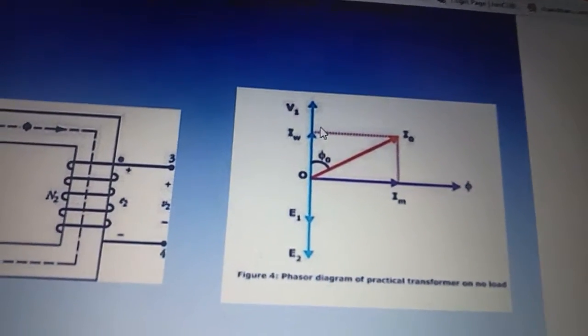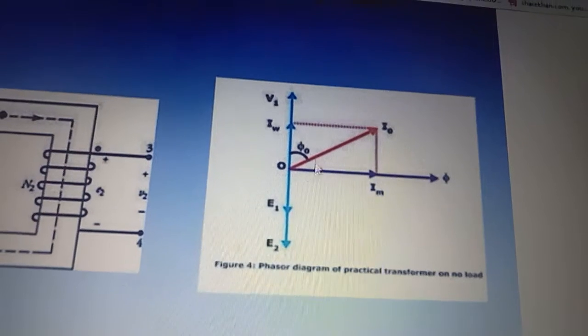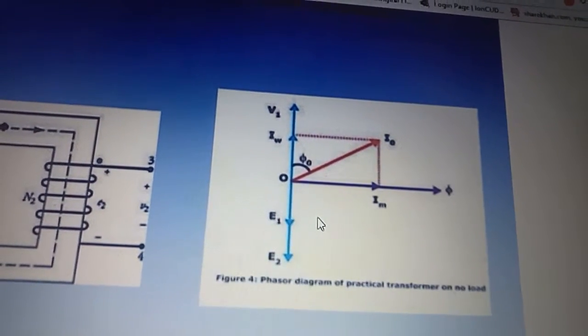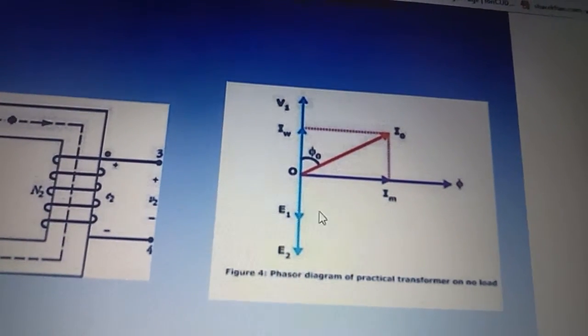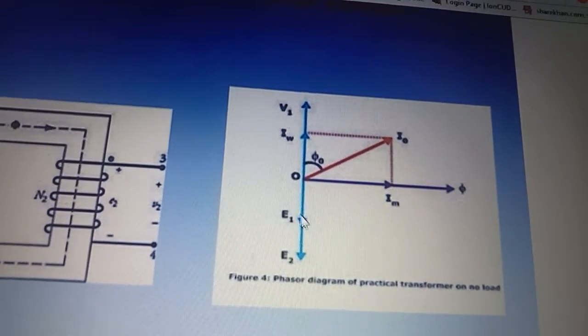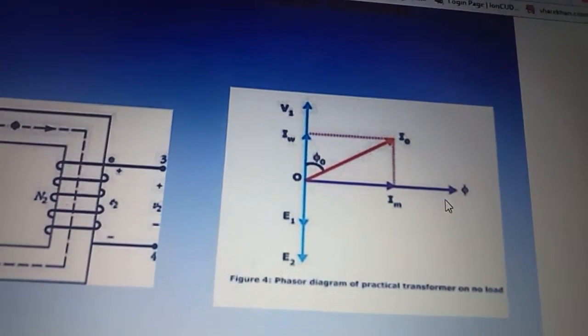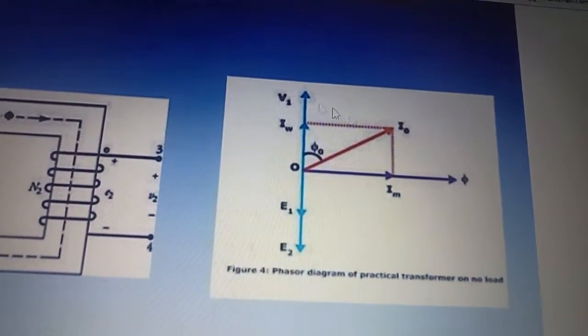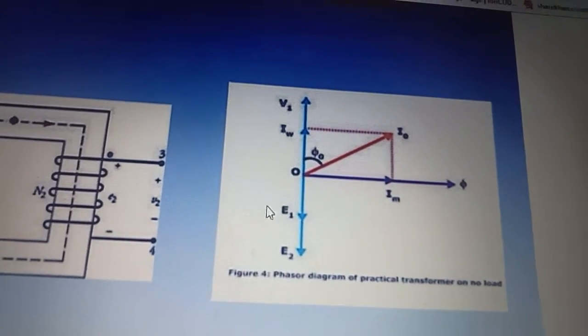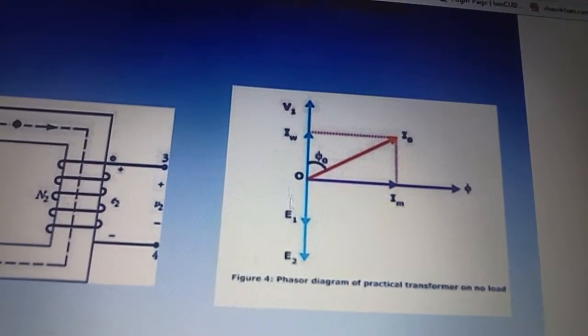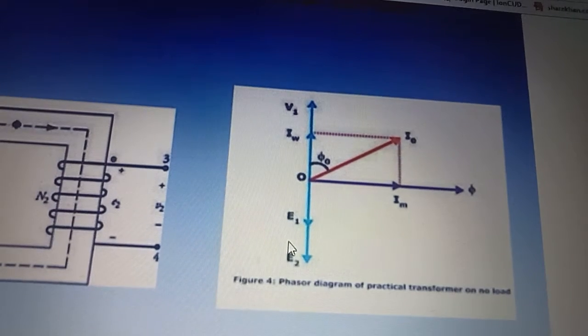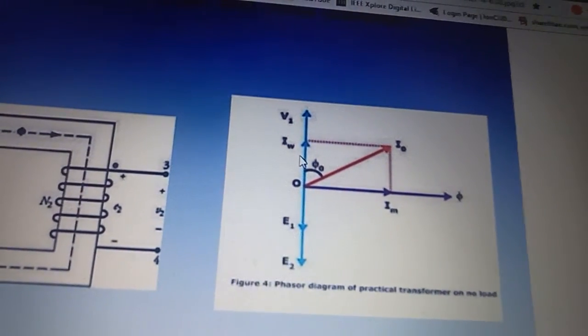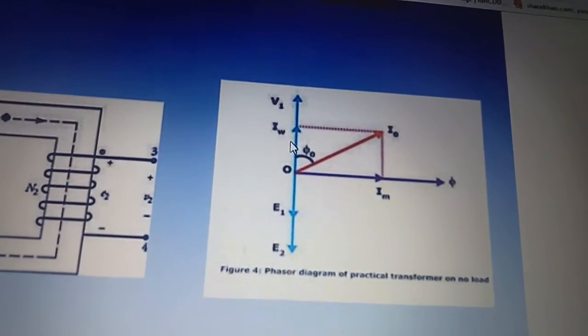Because in order to satisfy Lenz's law. What is Lenz's law? Effect opposes cause. E1 and E2 are developed because of flux, flux is produced by the current, and current is produced by V1. So the cause for E1 and E2 is V1, so they must be in phase opposition. Understood? So this is the phasor diagram for a no load transformer.